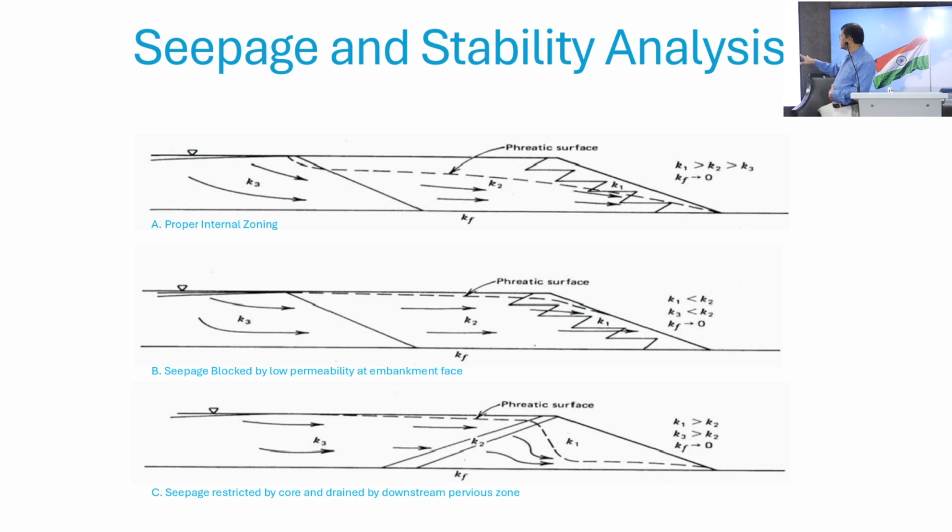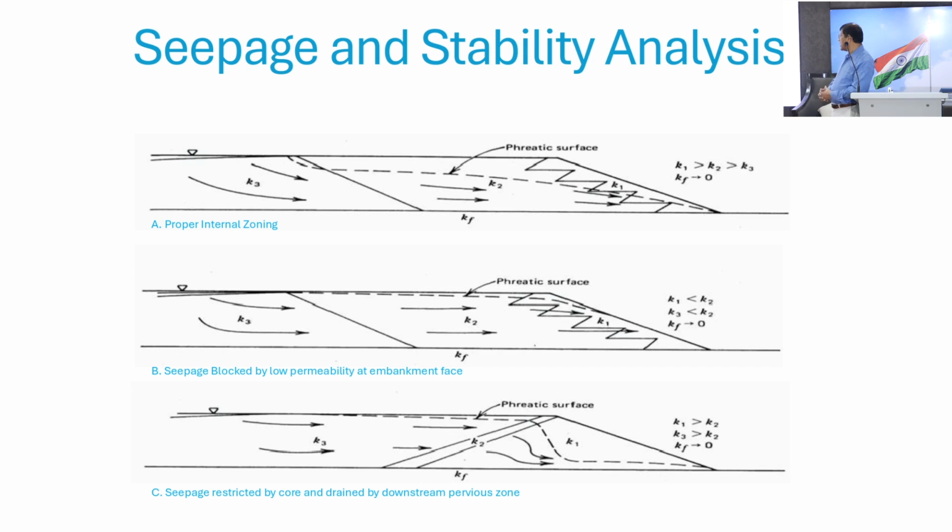So in some cases we see very low permeability along the face, where it should be high permeability. So what it will do is block the seepage. If it blocks the seepage, you can see that you have a higher phreatic surface.